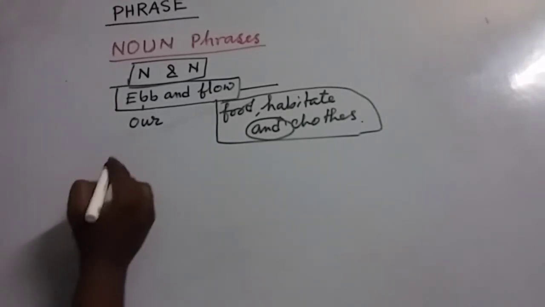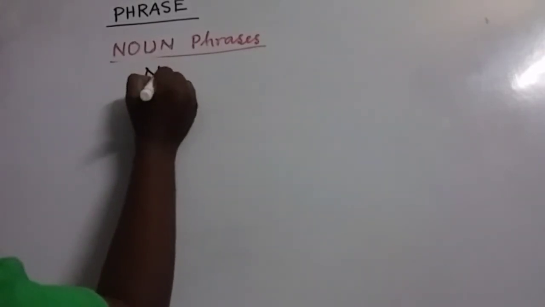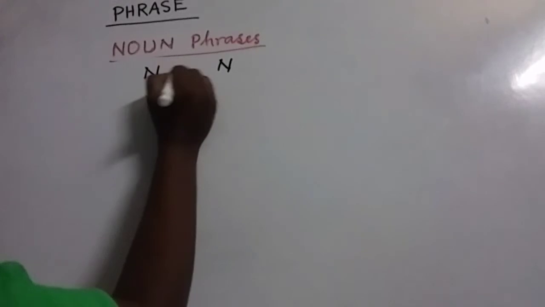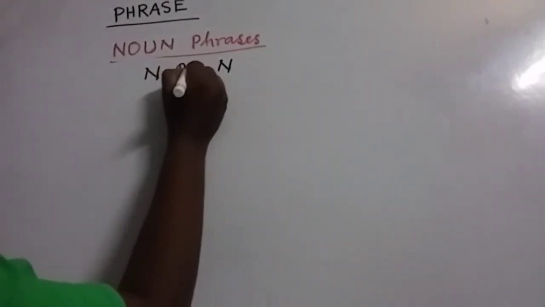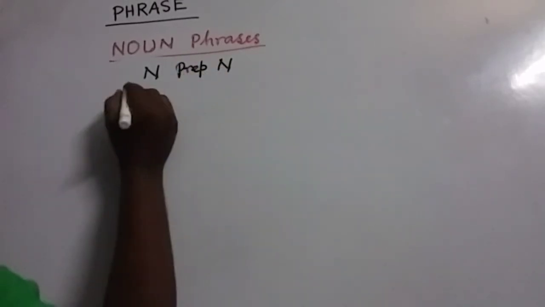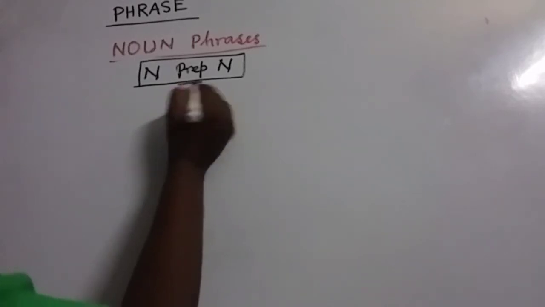Next, look at the second one. My dear friends, noun, and within these two nouns sometimes we can use a preposition. So two nouns are joined by a preposition.